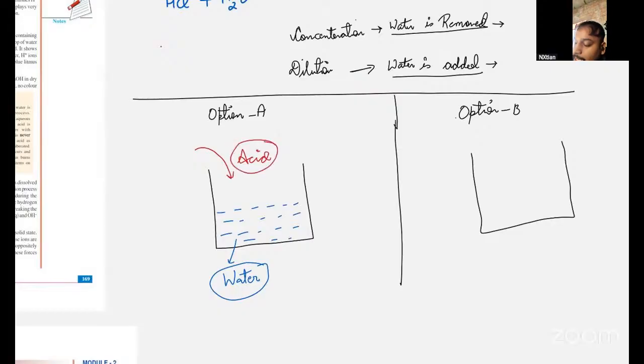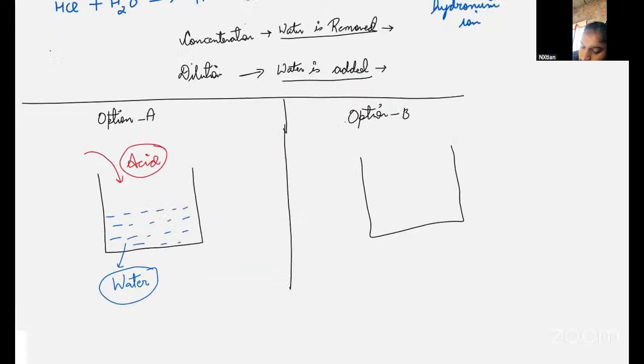The second option is we have acid and we are adding water into it. Now, which one is a good option? Option A or option B?